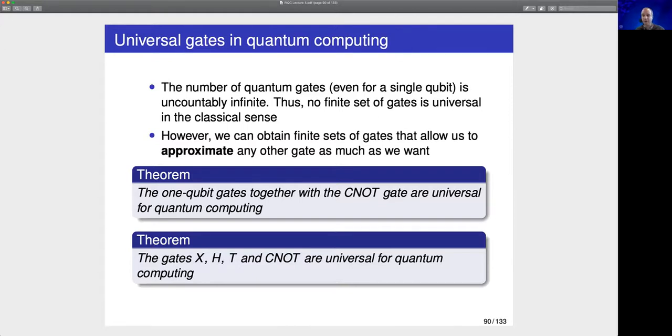Technically, what we have here is a topological property that we call density. So the set of gates that we can generate with this finite set is dense on the whole set of gates. Okay, I'm not going to give you the full proof of these statements.